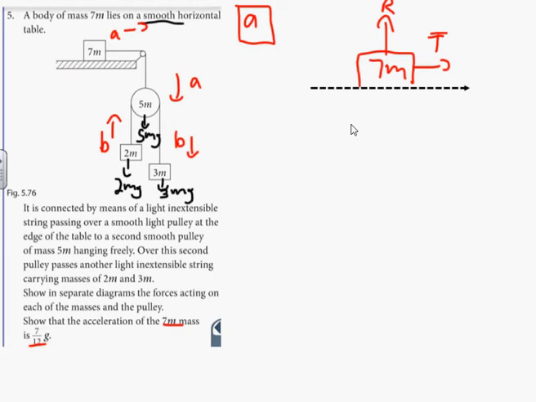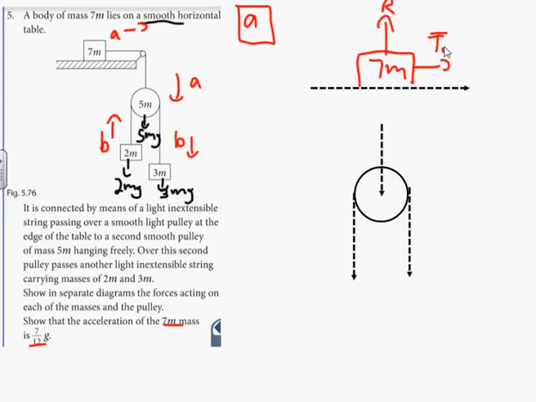So what we're going to do next is look at the 5m particle on its own. So the 5m particle, something like this. Okay, and it has its 2 on the way down. So this one here, there's 2 tensions because there's 2 different strings. So we'll label that T1 actually.